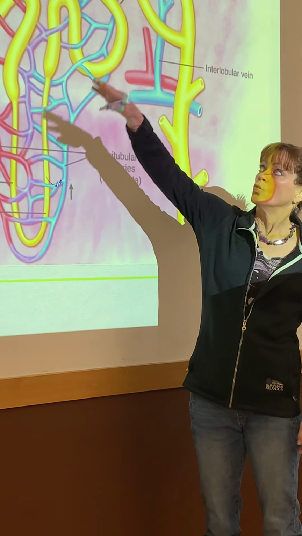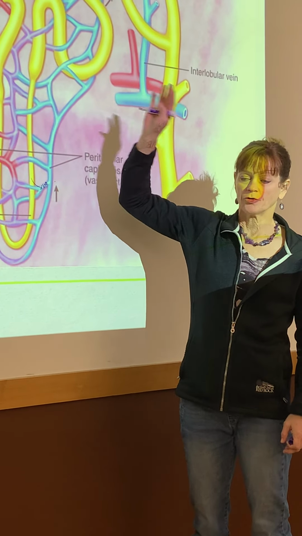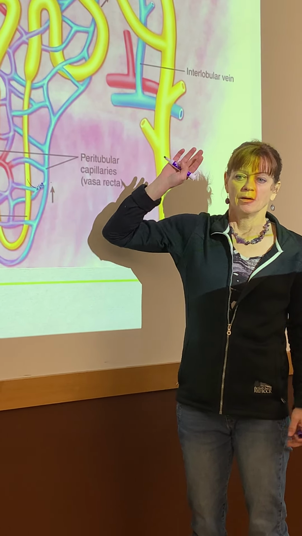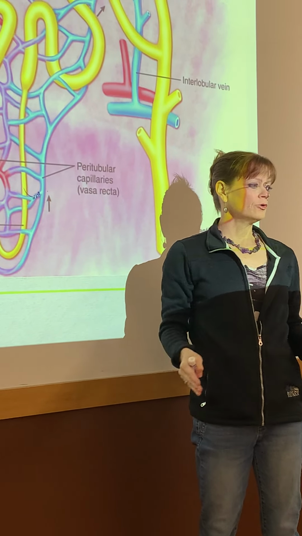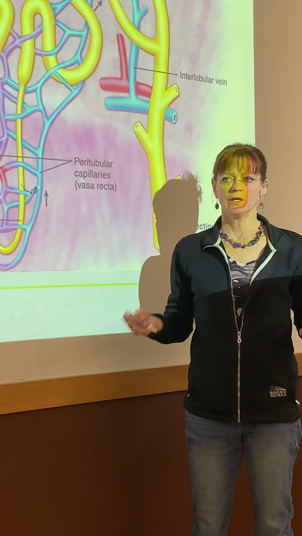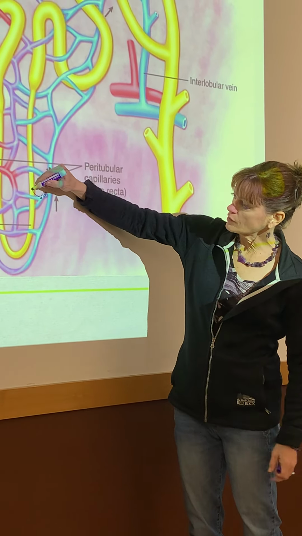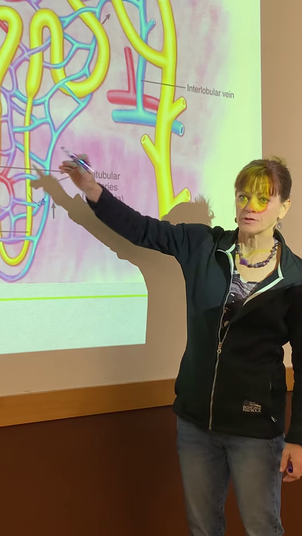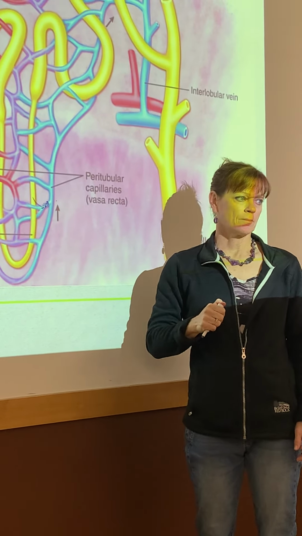Remember, we filter our total blood volume 30 to 36 times a day. We filter 180 liters of fluid per day, but we only make 1 to 2 liters of urine. So the vast majority of that water that's being filtered heads right back to the bloodstream.